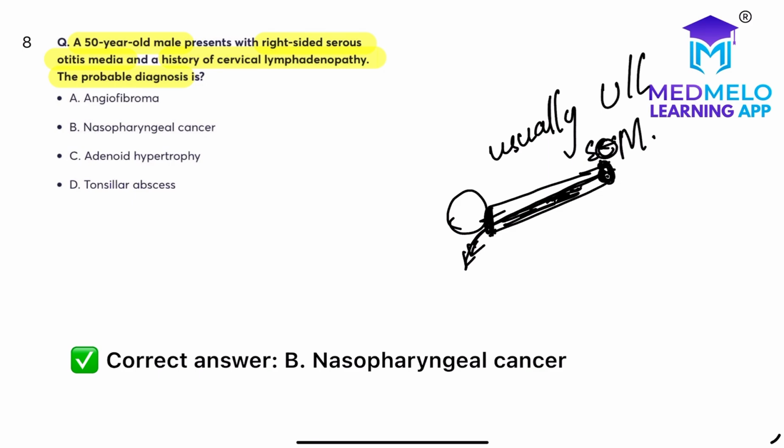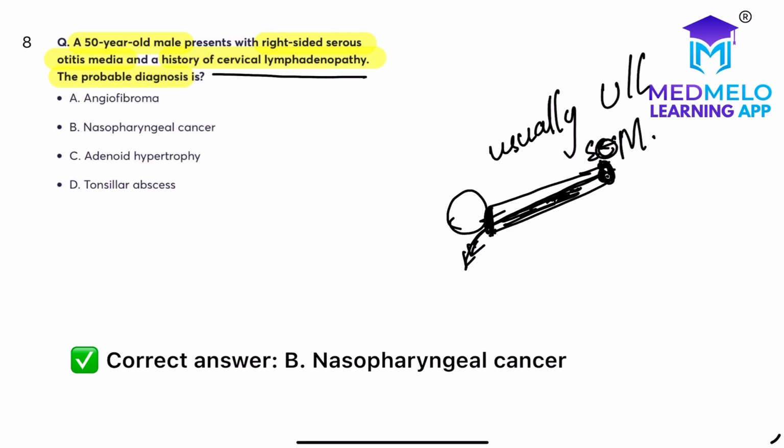And cervical lymphadenopathy is often the first sign of nasopharyngeal carcinoma. It is often asymptomatic nasally until later stages. Nasal complaints will be absent.